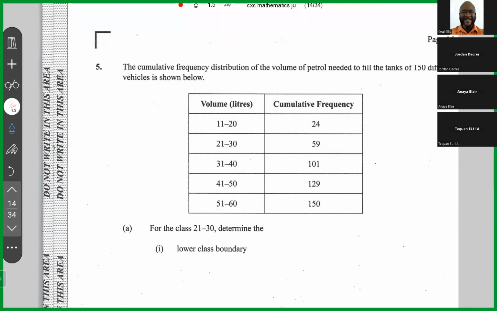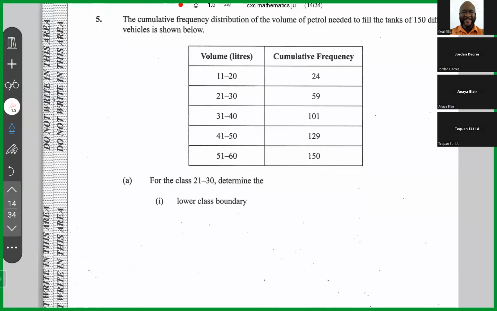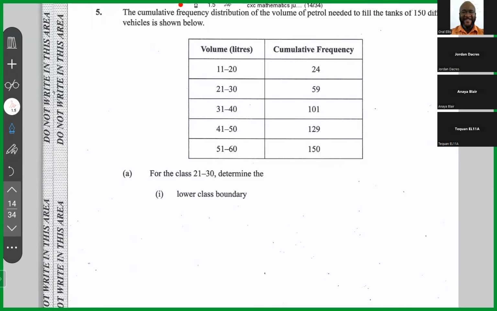21 to 30. Normally persons would say to get the lower class boundary, you simply take away 0.5 from the lower limit. So 21 is the lower limit, 30 is the upper limit. You could have just taken away 0.5, or you could add the 20 plus 21 and divide by 2.